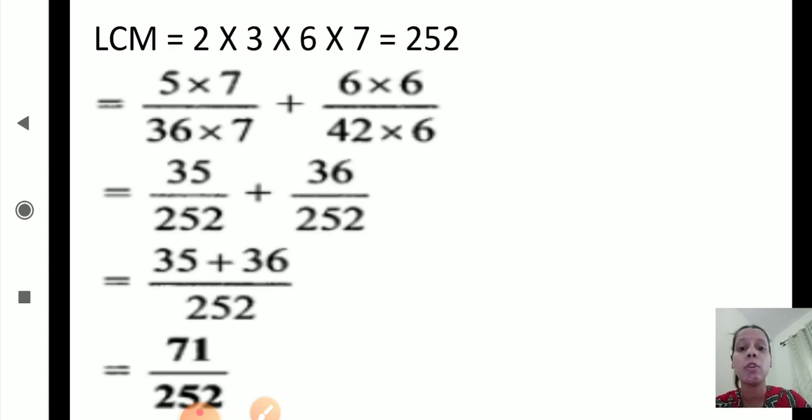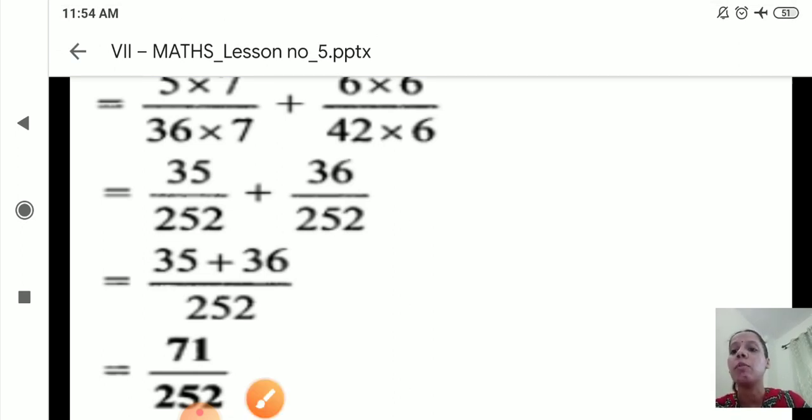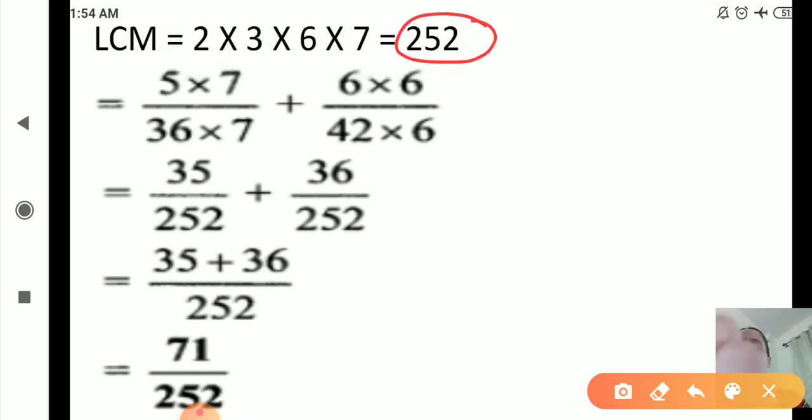Now I know you will have a doubt. How will we come to know which number we have to multiply by so that we will get 252? How will we come to know whether we will take 7 or another number? For this, the factors which you are getting here, that is 6 into 7. First you multiply 36 by 6 and then 36 by 7.